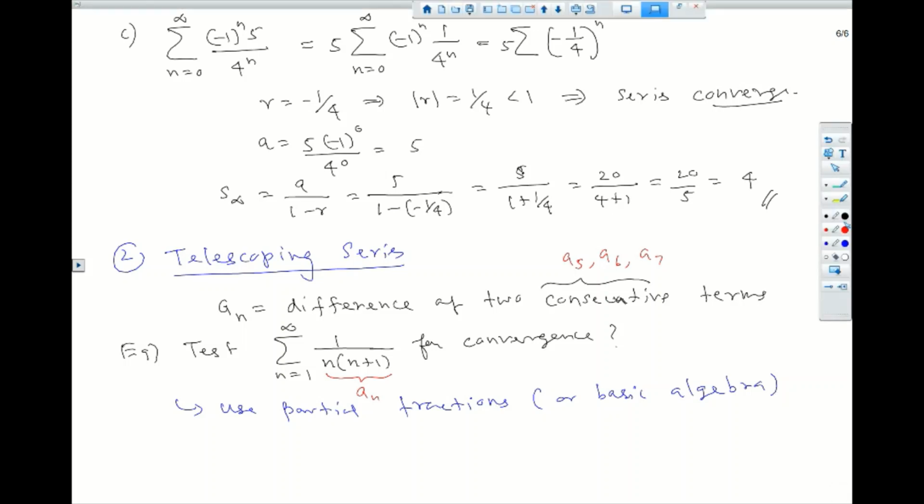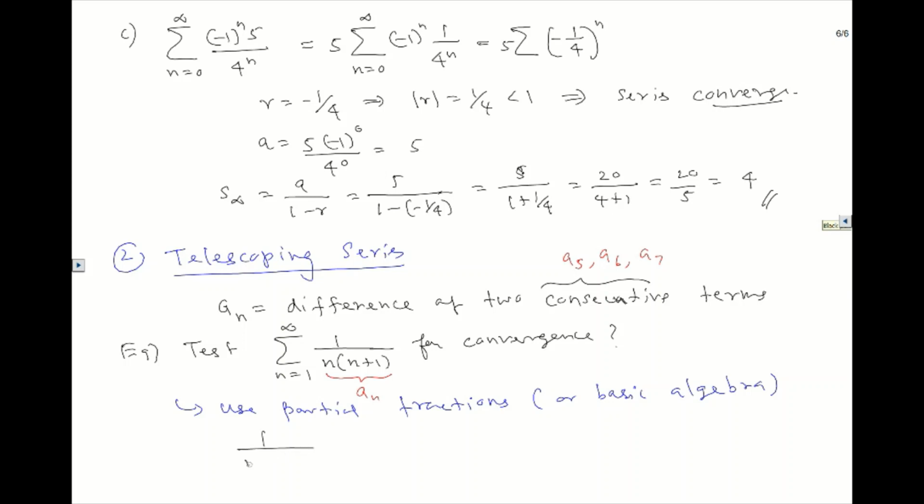Remember there are two factors, n and n plus 1, so we see whether we can write 1 over n(n plus 1) as a over n plus b over n plus 1. Those are the two factors. Then we try to find a and b.